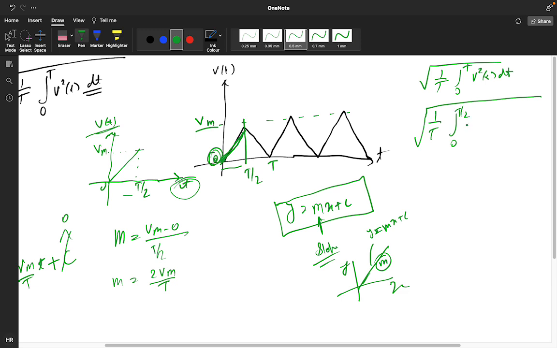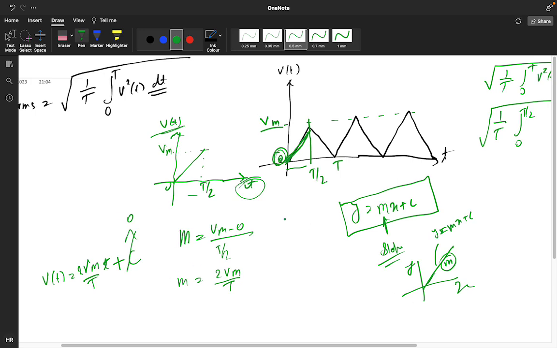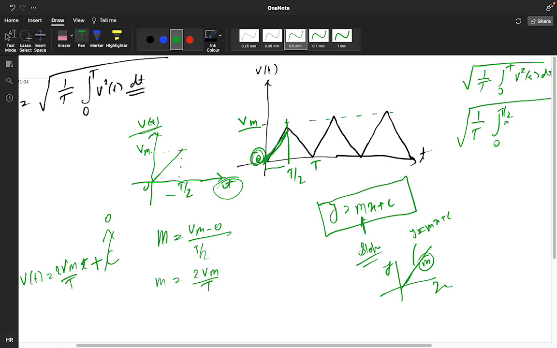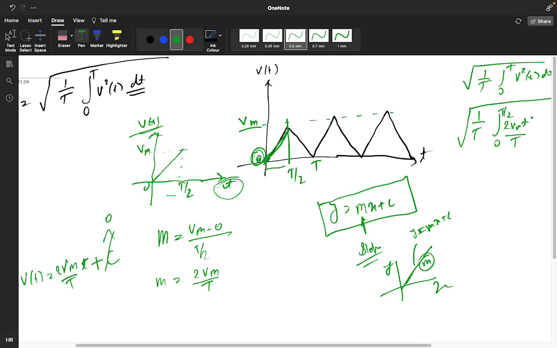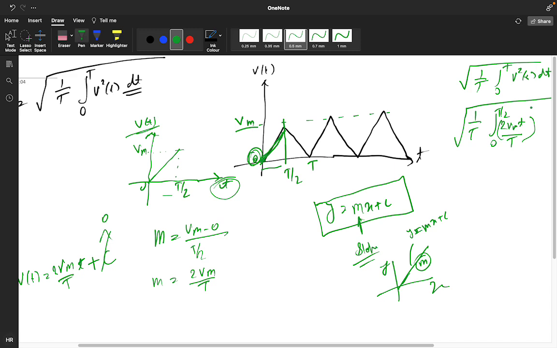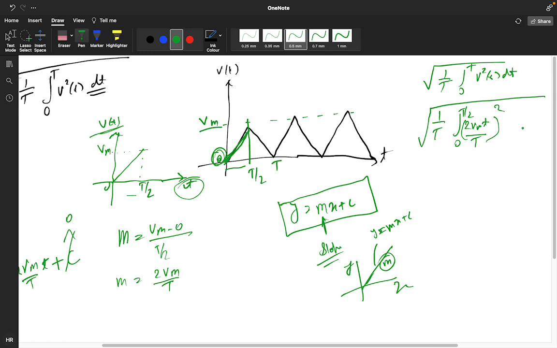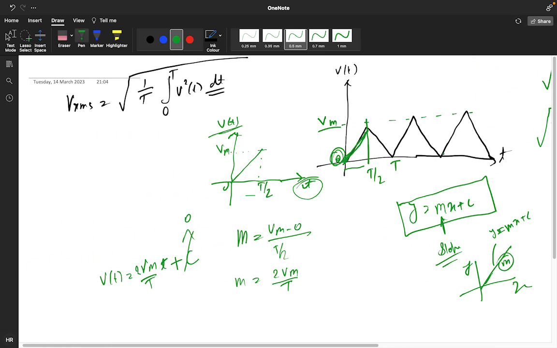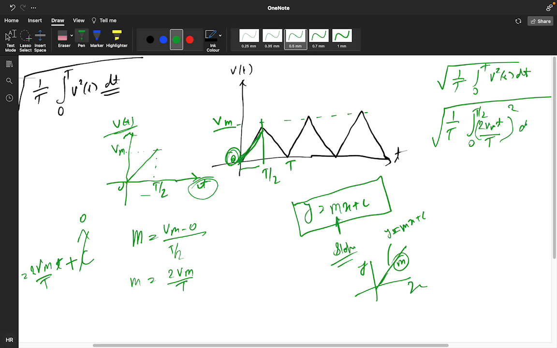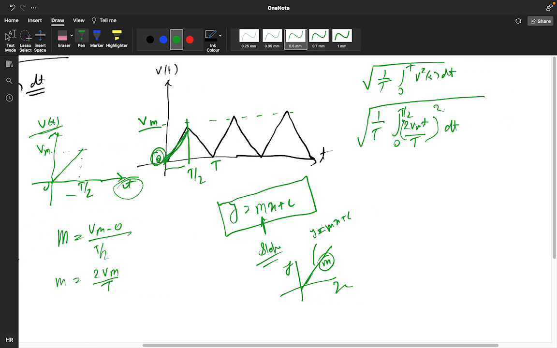What is v of t? The value you got for v of t is 2 Vm t divided by T, the whole square, into dt. Now this is plus, T by 2 to T, v of t whole square into dt.